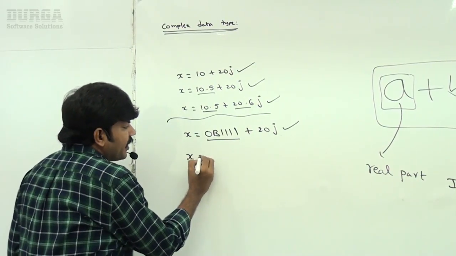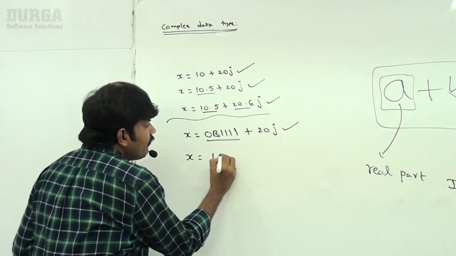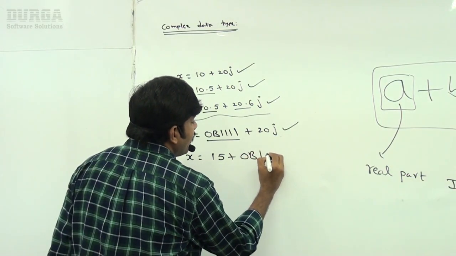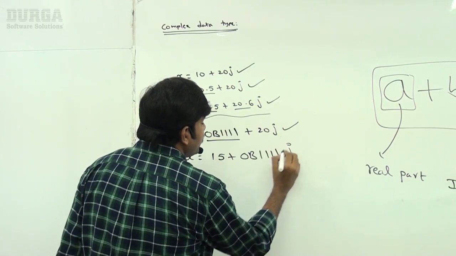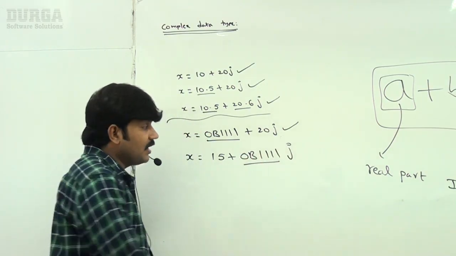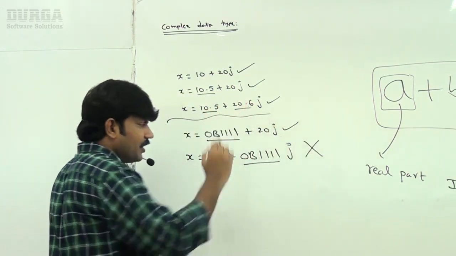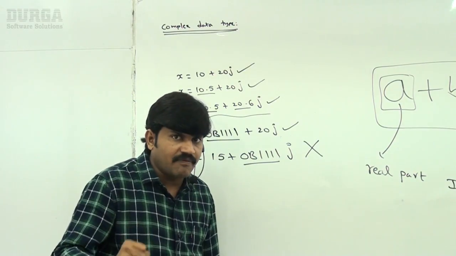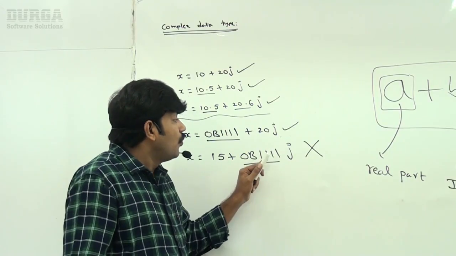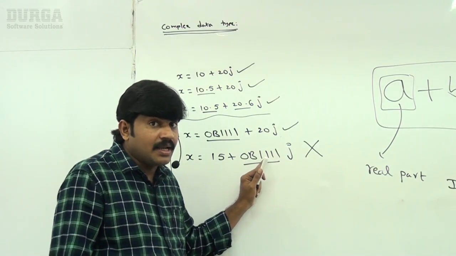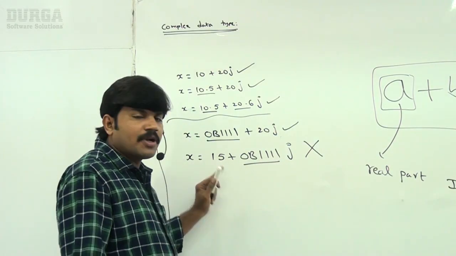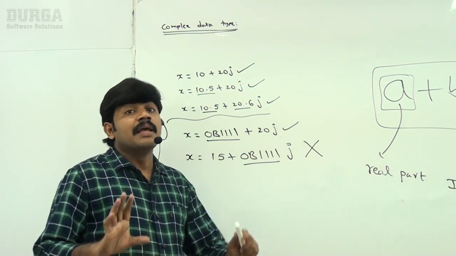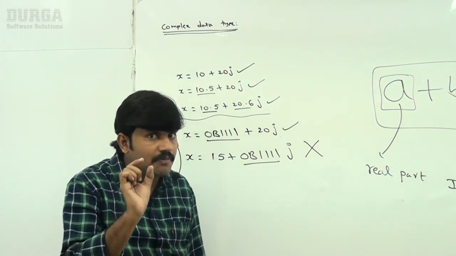But if I take x is equal to 15 plus 0b1111j, immediately we are going to get an error, sir, because for the imaginary part the value compulsorily we have to specify only in decimal form, but the real part you can specify in decimal, octal or hexadecimal, acceptable. Observe this important conclusion.